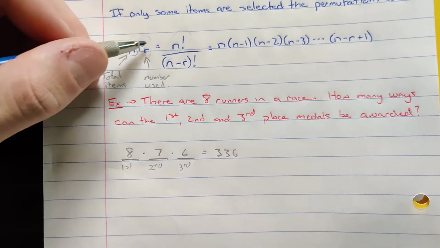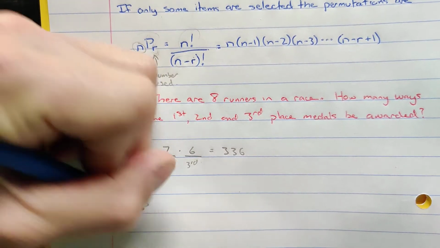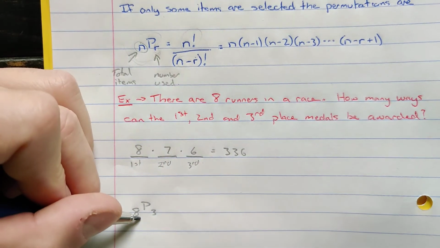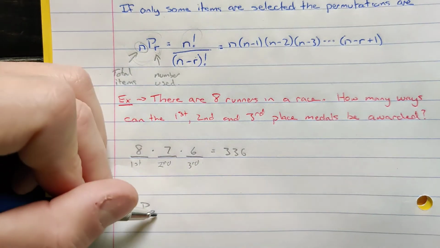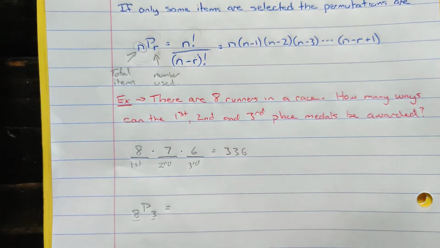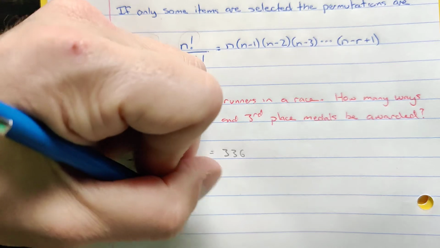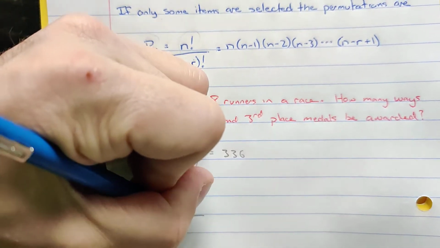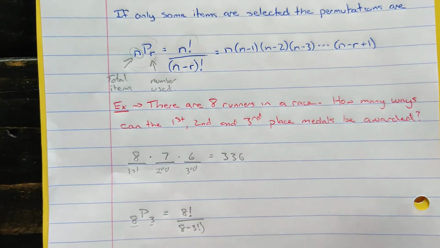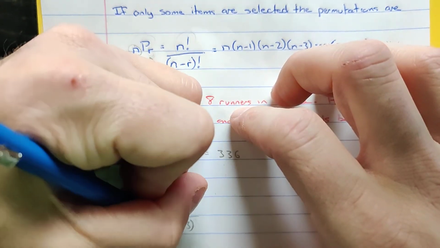Now, if we use our permutation formula here, we would have 8P3. We have 8 total racers, and we're selecting 3 of them for our permutation, so in factorial notation, that's 8 factorial over (8 minus 3) factorial.